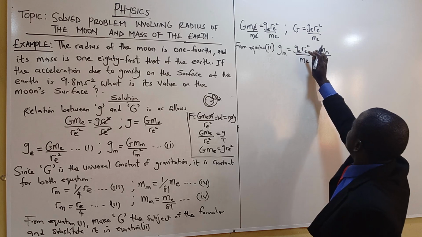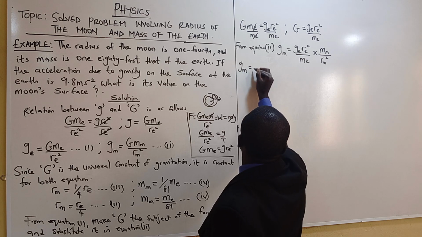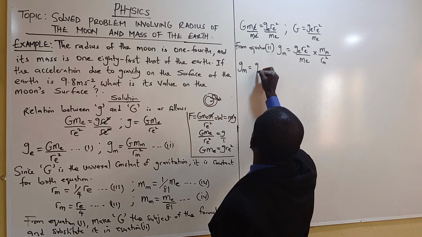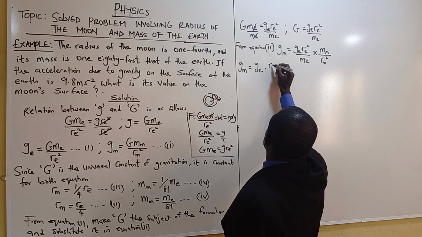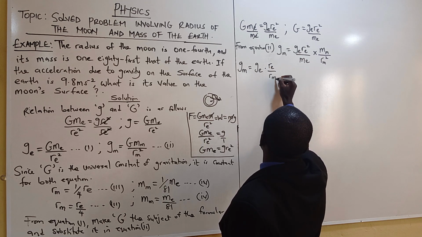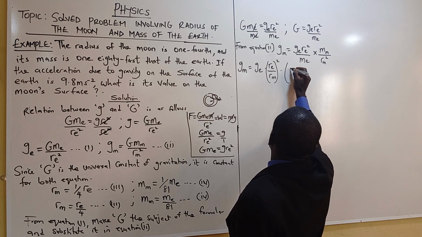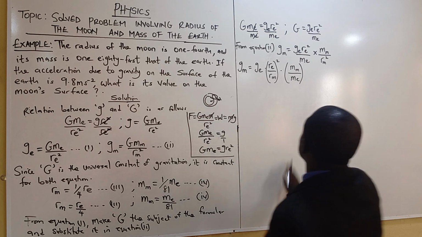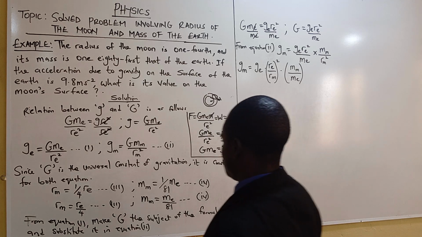Okay, see this one is R, R, collect the like terms. G M equals G E multiplied by R E over R M, squared, multiplied by M M over M E. Is that okay?